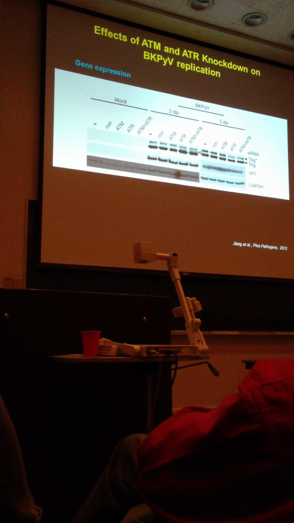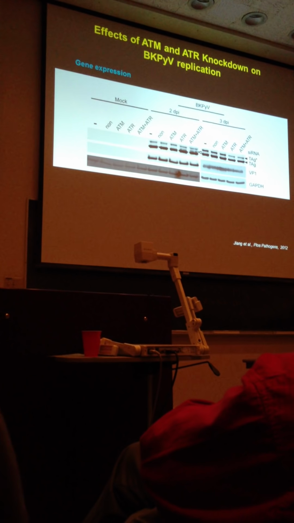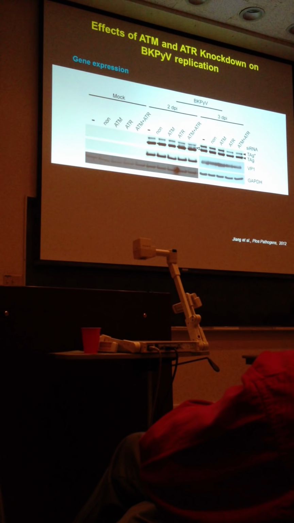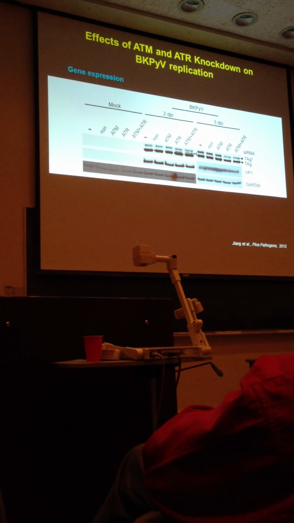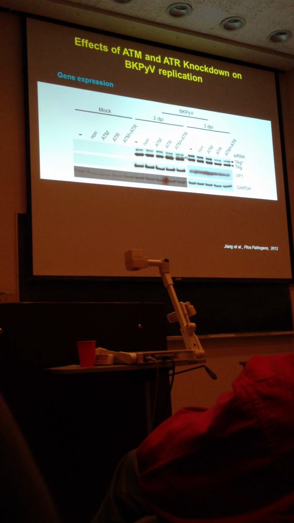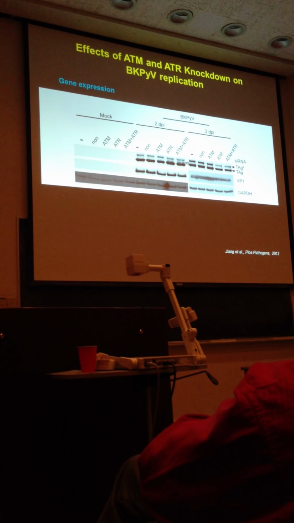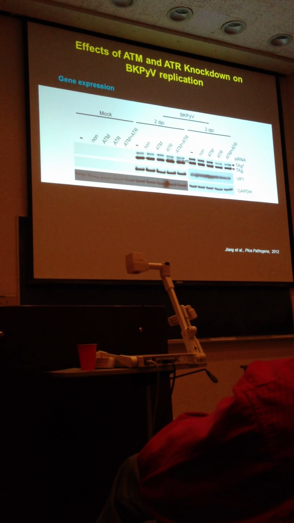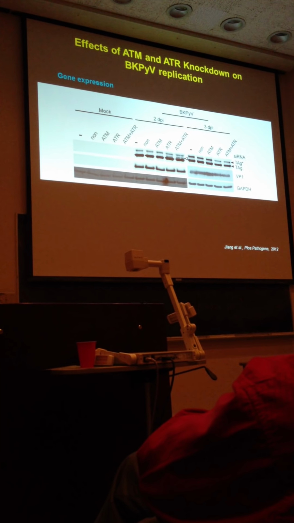So the next thing we want to look at is the effect of ATR knockdown or the double knockdown on the viral infection. So here you're looking at, again, Western blots with large T antigen expression in either single knockdown cells or double knockdown cells over either 2 days post-infection or 3 days post-infection.